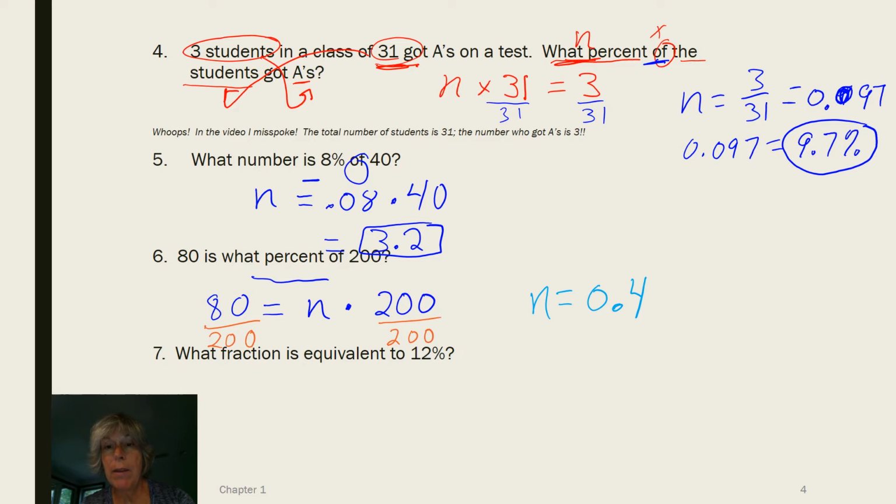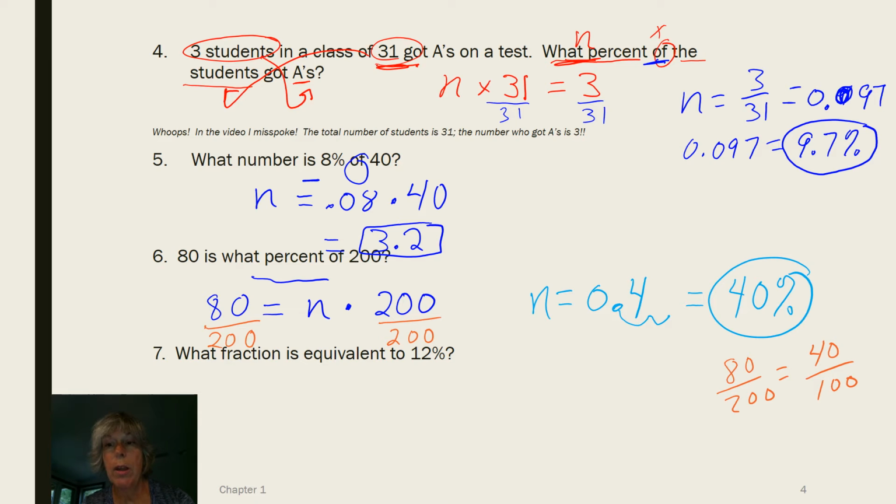I need to move my decimal point 2 places to the right, and I get 40%. And again, that makes sense. The reason it makes sense is we have 80 out of 200, which is the same as 40 out of 100. And 40 out of 100 is 40%.